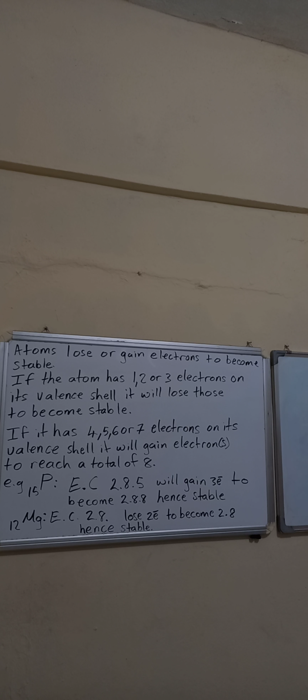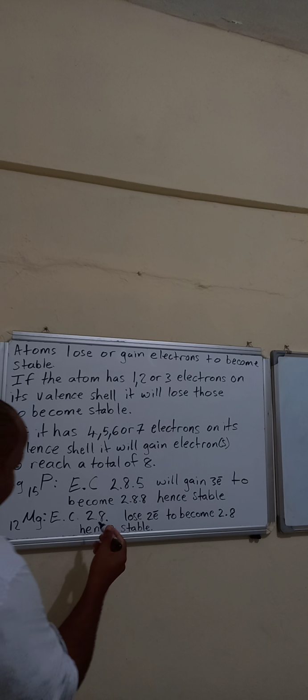And remember, the atom becomes stable when it has the maximum number of electrons on its valence shell. So in this case, magnesium will become stable if it loses 2 electrons.